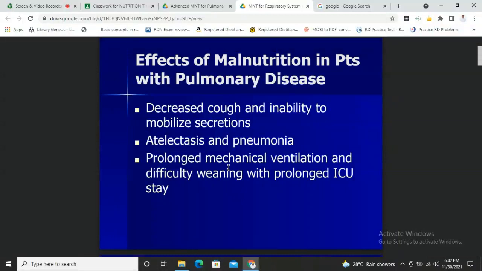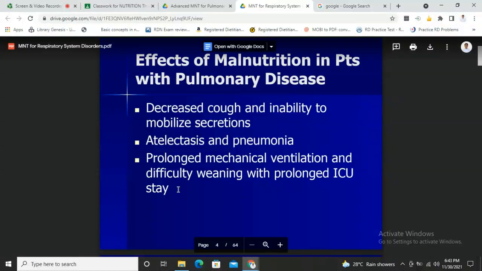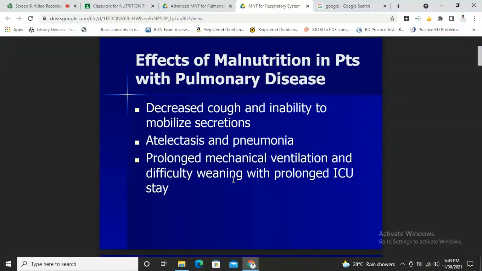When someone is recovering from this kind of disease that impairs the breathing function, one of the signs that the patient is recovering is independence from mechanical ventilation, or kanang di na siya mag-depend sa mechanical ventilation. Okay?